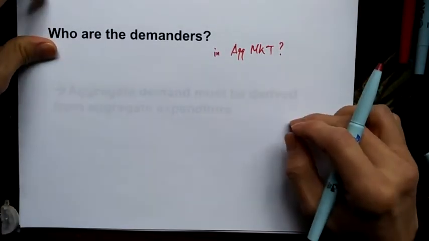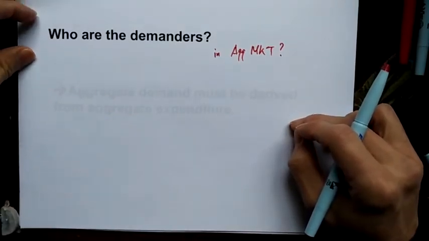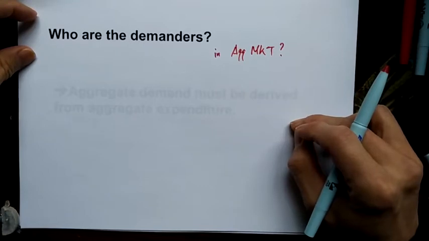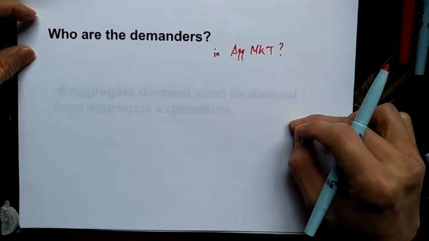So how can we distinguish demanders and suppliers in the aggregate market? We use people's behaviors. Say for example, I'm teaching, so I'm a supplier of education, but I'm buying things in Myers, therefore I'm a demander.